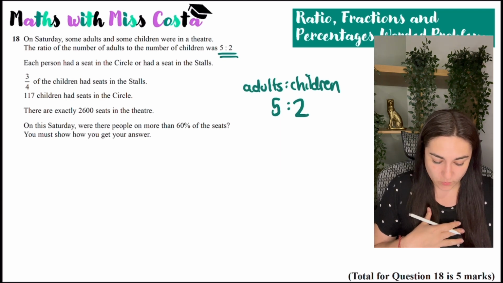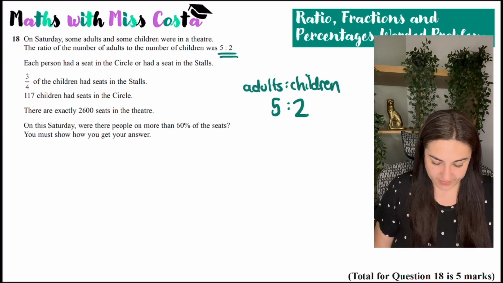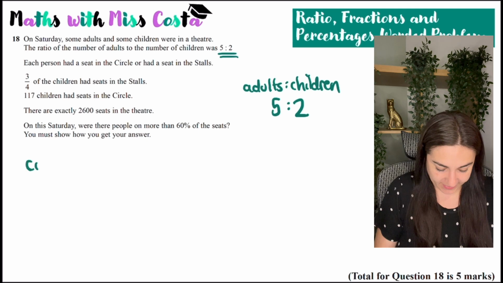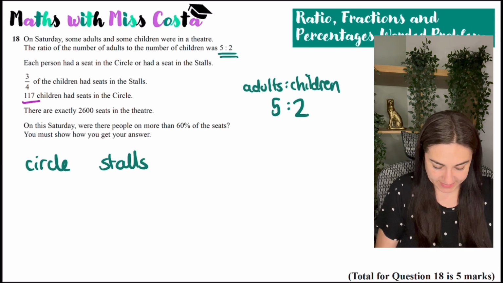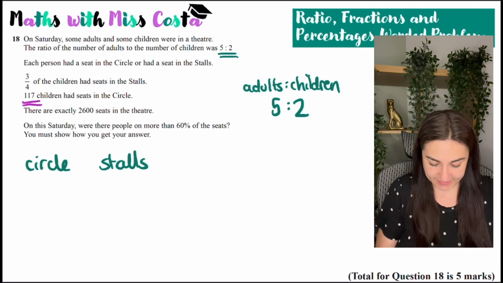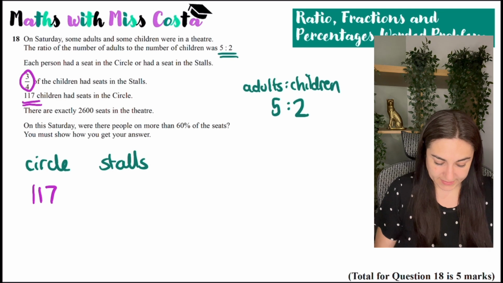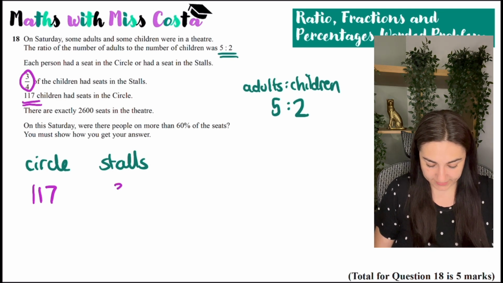It says 3/4 of the children had seats in the stalls. Okay, so you either have circle or stalls, and I know that 117 children had seats in the circle. So 117 had seats in the circle, and I know that 3/4 of the children had seats in the stalls.